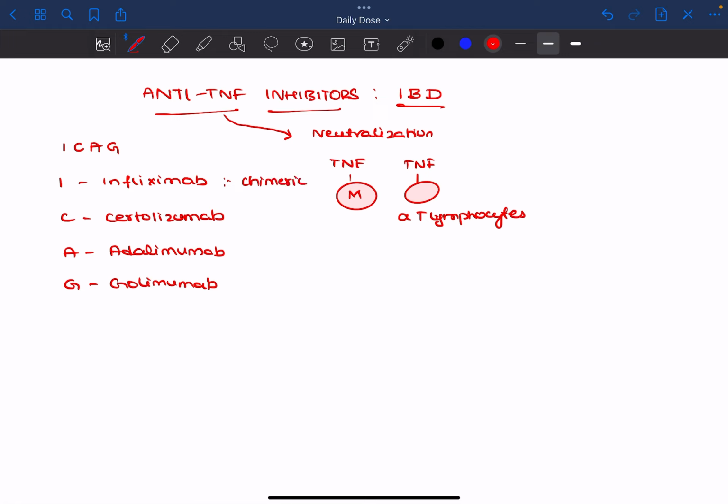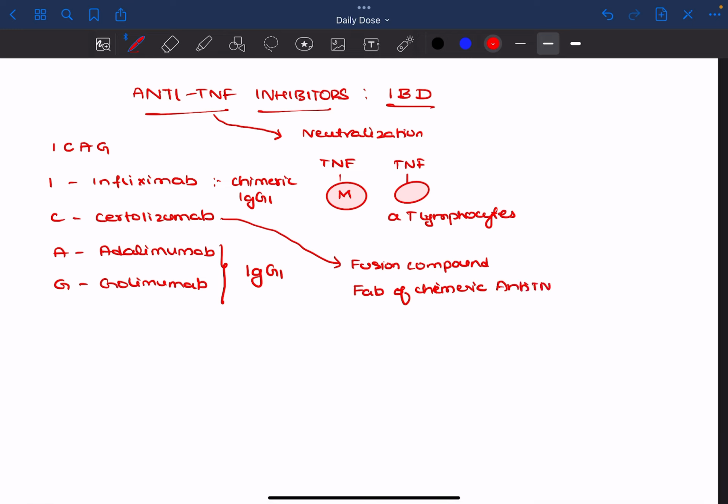Apart from this, one should remember that infliximab is the chimeric IgG1 anti-TNF inhibitor, while adalimumab and golimumab are also IgG1 anti-TNF inhibitors, whereas certolizumab is the fusion compound where there is an attachment of Fab of chimeric anti-TNF inhibitor to a polyethylene compound, so that its action is prolonged.